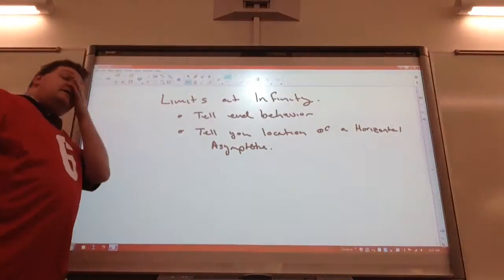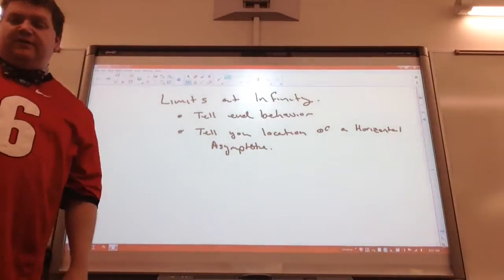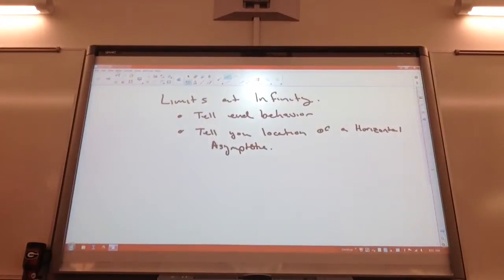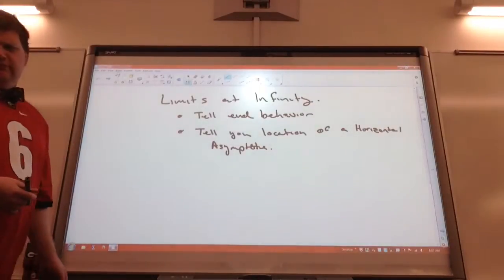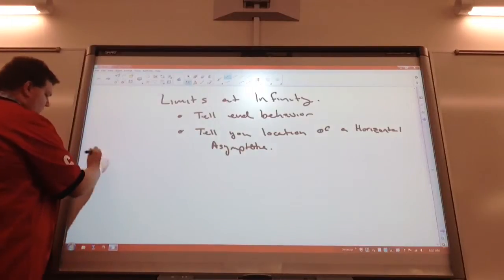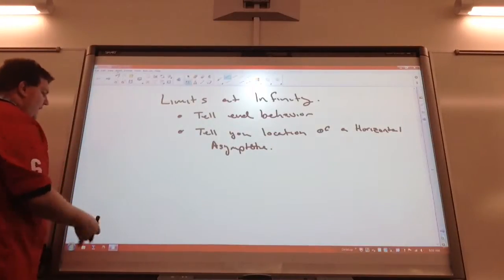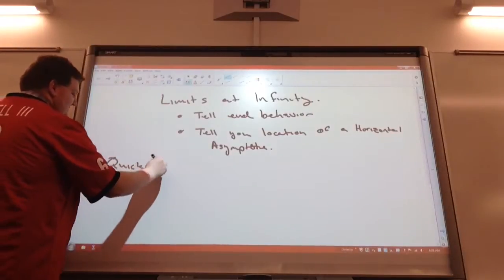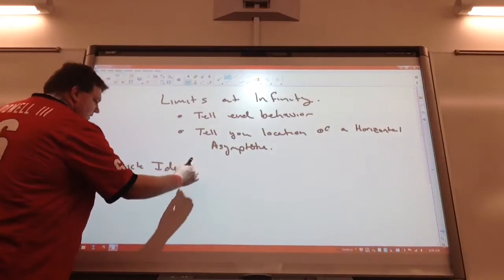Okay. Now, before I go any further, there's going to be kind of one definition, or kind of one property, we're going to want to use. Kind of a quick theorem here. Quick idea. Okay.